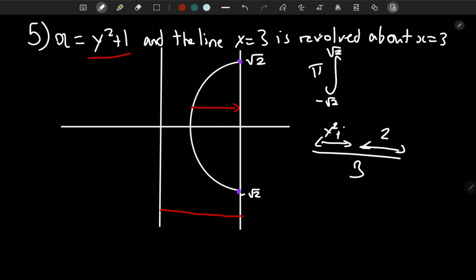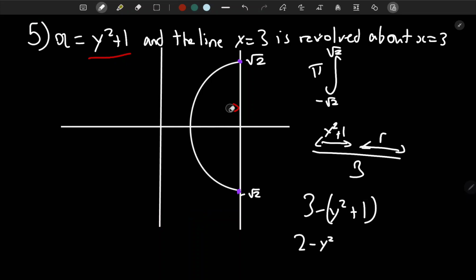So how do you find this unknown, lowercase r? It's going to be 3 minus y squared plus 1, and this minus is going to stay there. So if I distribute it, it's going to be 3 minus y squared minus 1, and I can change this into 2 minus y squared, and that's basically it.